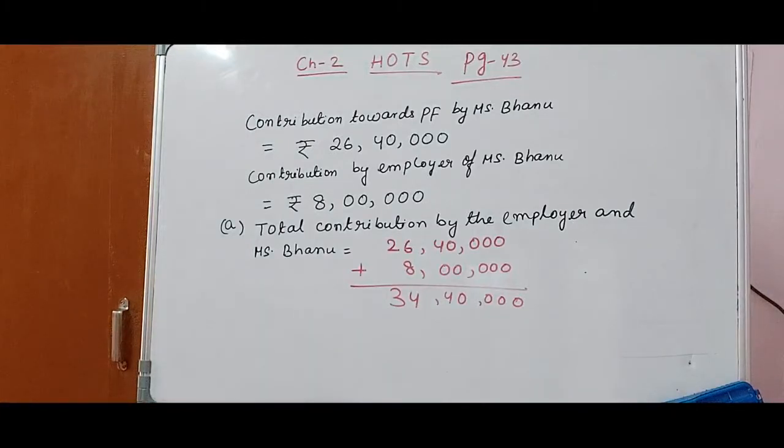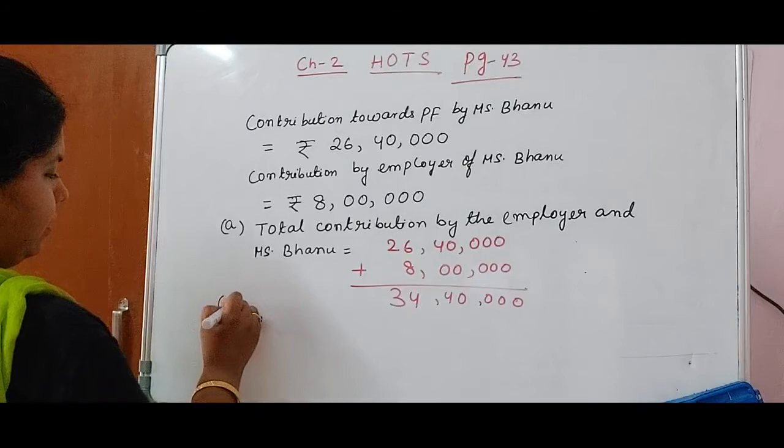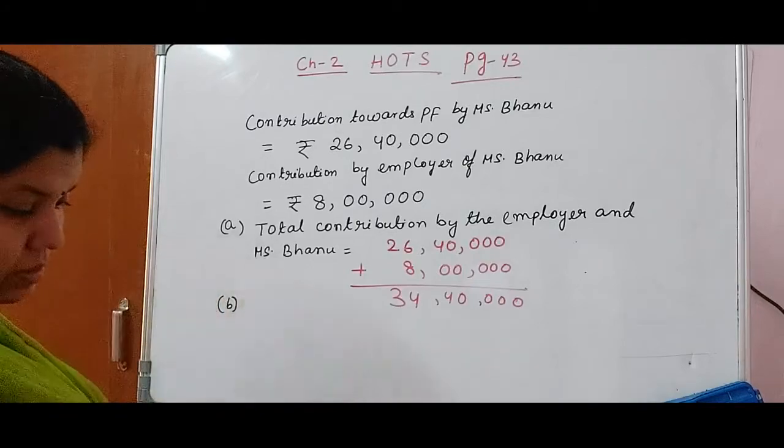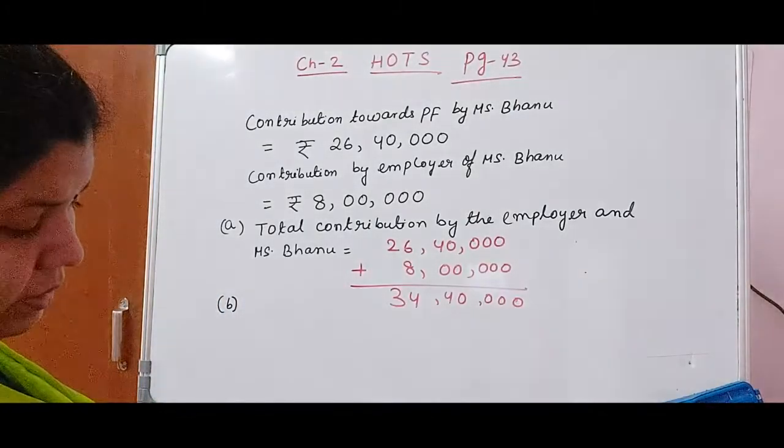Now we will take out the answer of bit B. According to bit B, what is the difference? What is the difference of our amount at the time of retirement?